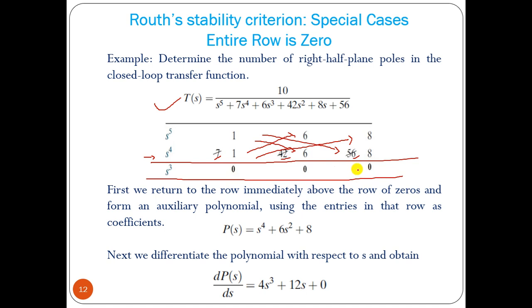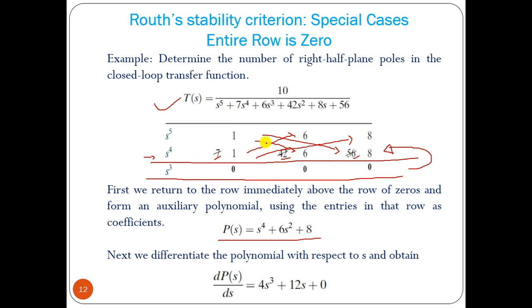The entire row becomes zeros. Then just before the entire row of 0, whatever the row is, from its coefficients we have to write the auxiliary equation, say P(s). What is that? 1 into s^4, 6 into s^2, then 8.